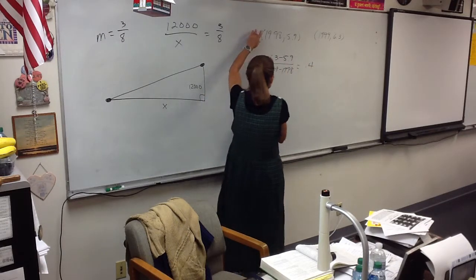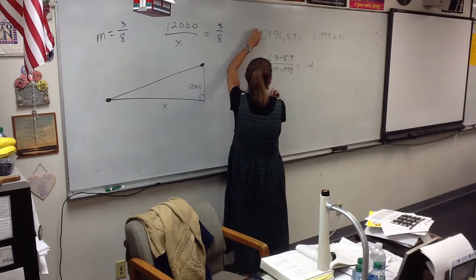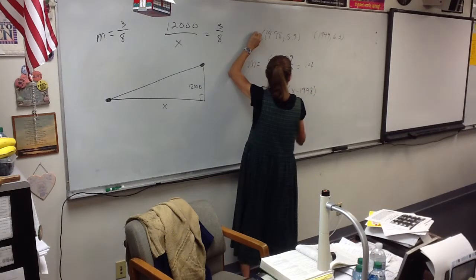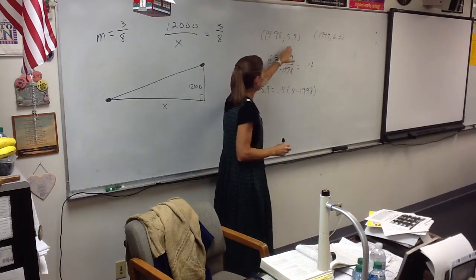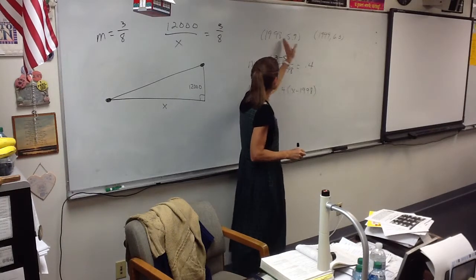And then I'll do, oh gosh, this is going to be ugly arithmetic. y minus 5.9 equals 0.4 times x minus 1998. So y minus my y coordinate equals 0.4 times x minus my x coordinate.